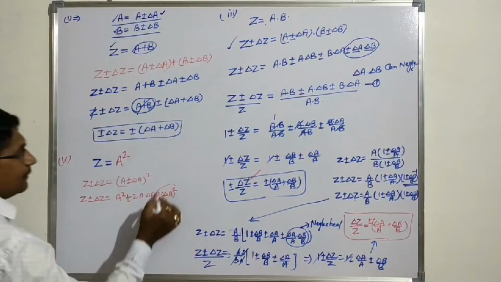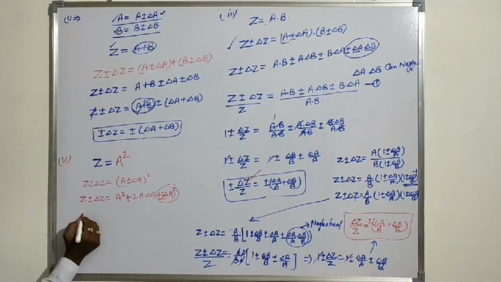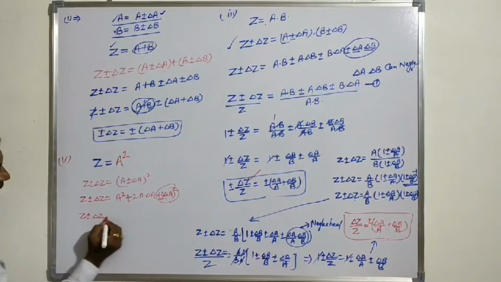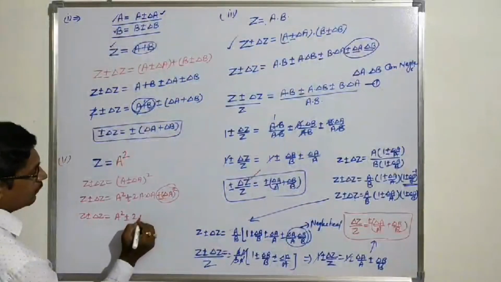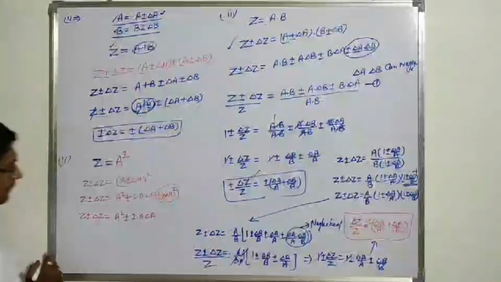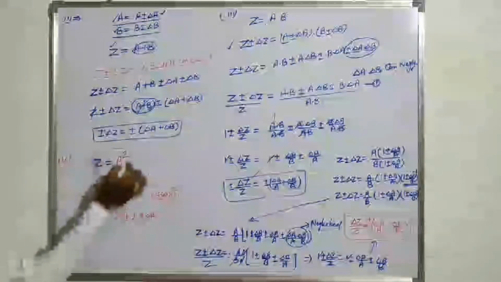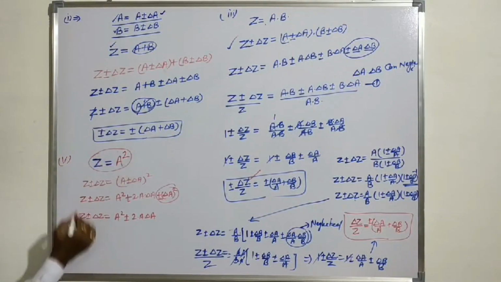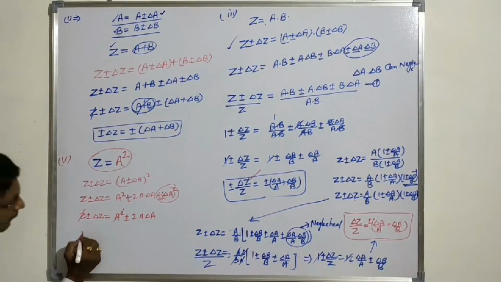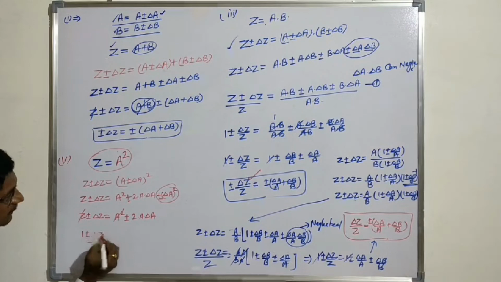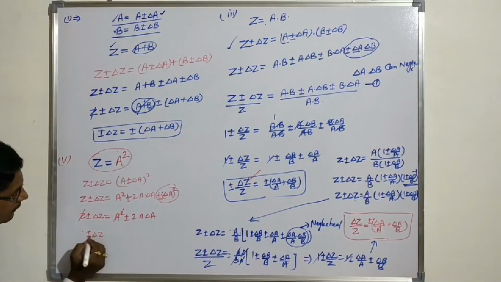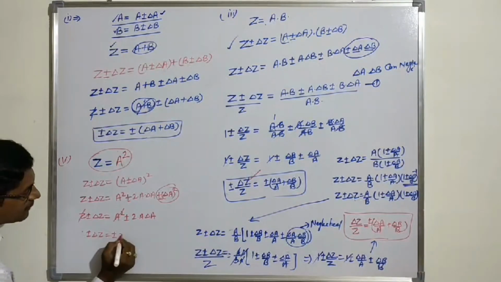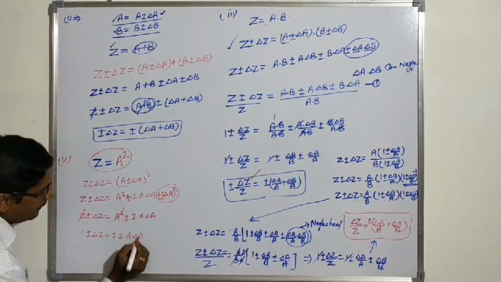This term can be neglected. So z plus or minus del z is equal to a square plus or minus 2a del a. Z equals a square, so this value cancels. So plus or minus del z is equal to plus or minus 2a del a.